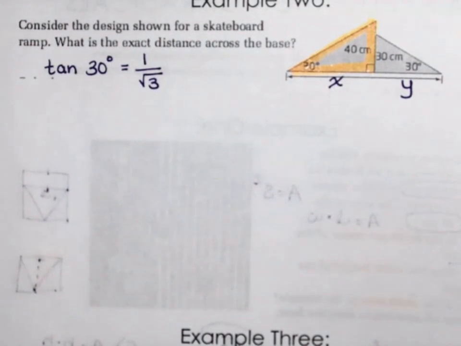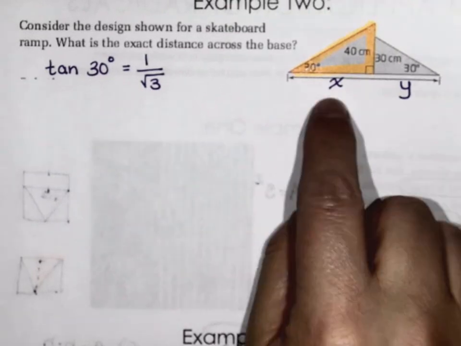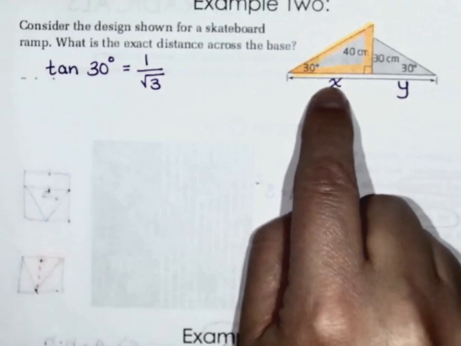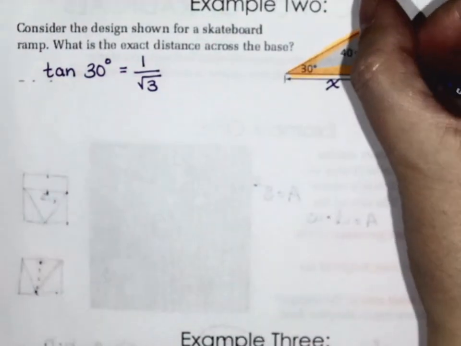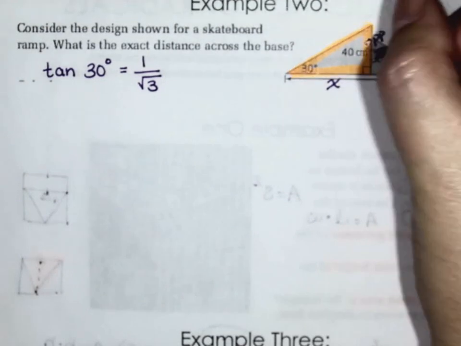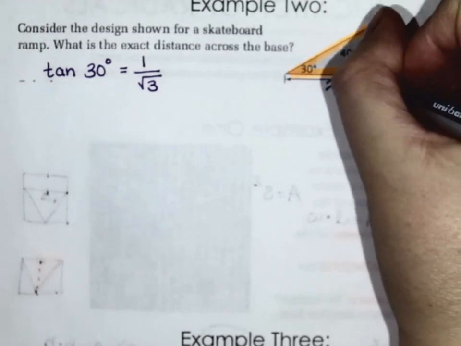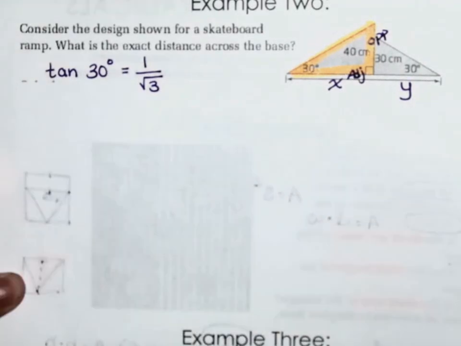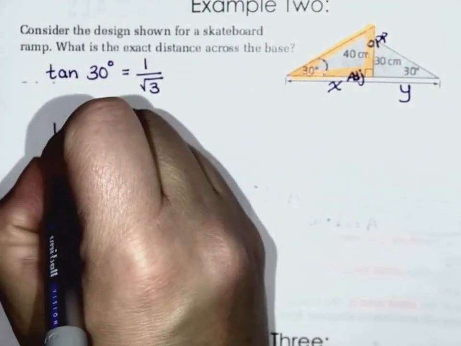Okay, so orange triangle. You're going back to trig, basic trig. I want to find, on this orange triangle, I want to find x. So this is my opposite side. This is my adjacent side. The trig formula that contains opposite and adjacent is? So we're going to use the tan formula.